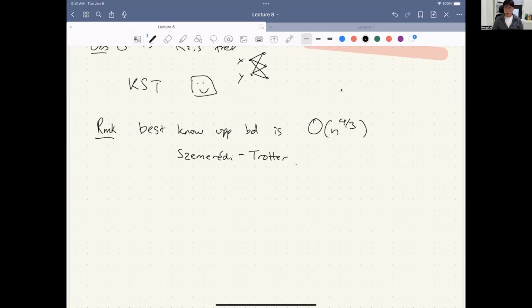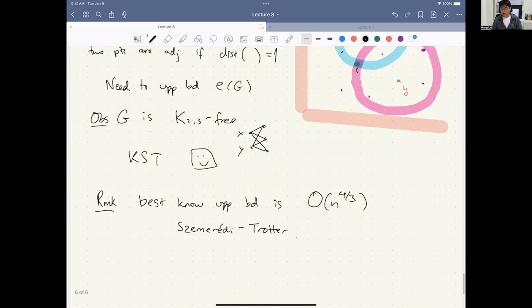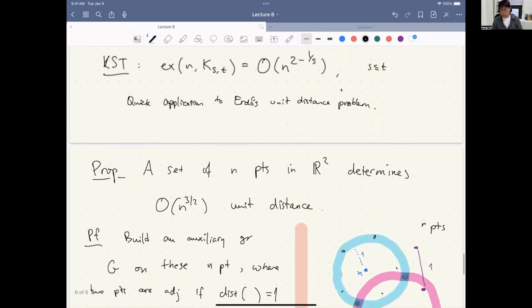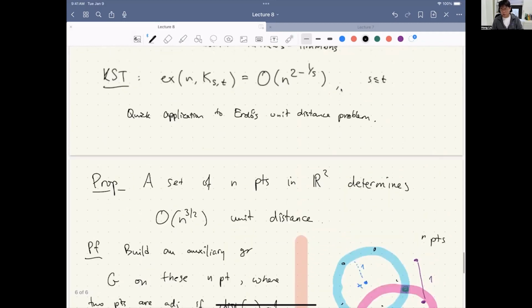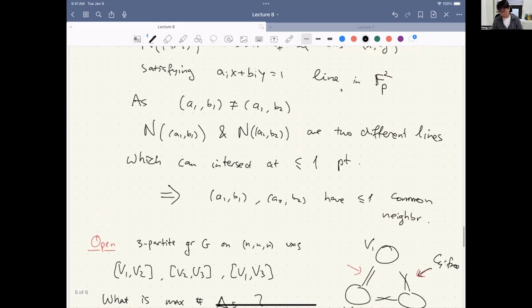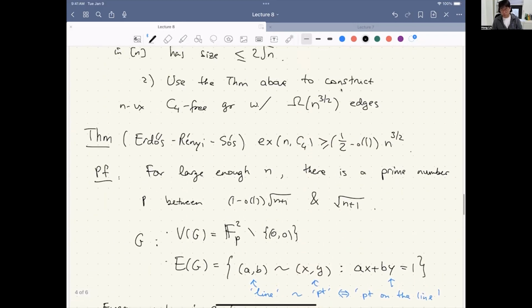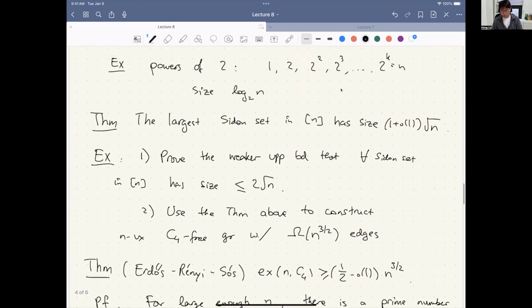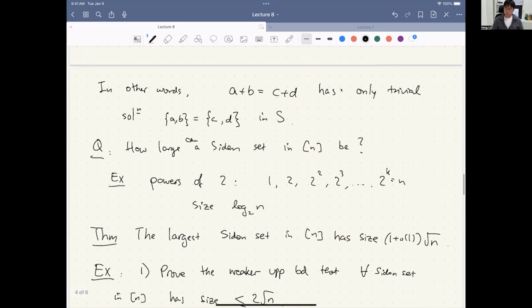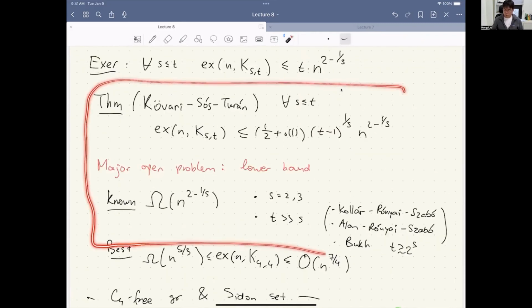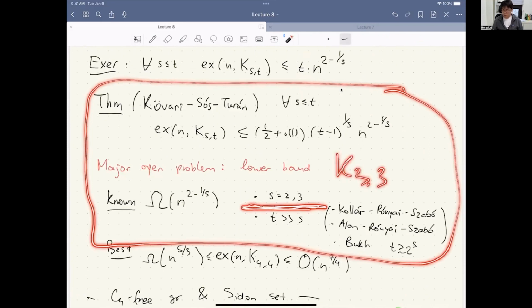So I want to finish the complete bipartite graph part by telling you the tight construction for K3,3 free graphs. So remember, for KST, we have tight constructions for K2,2, which is C4 free, and K3,3 free graphs.